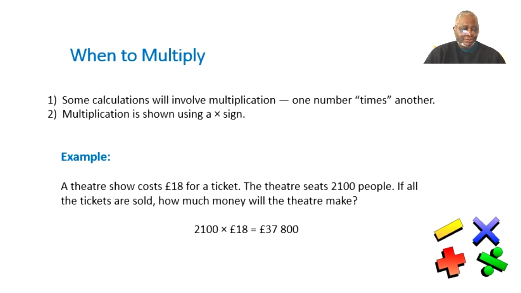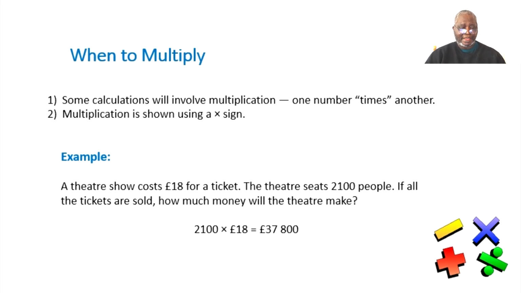Example, a theatre show costs £18 for a ticket. The theatre seats 2,100 people and it was full. If all the tickets are sold, that's what we mean, how much money will the theatre make? What will you do?